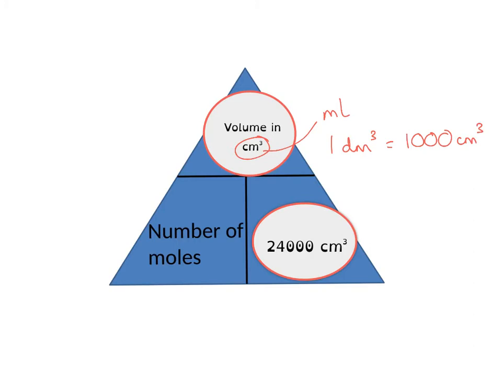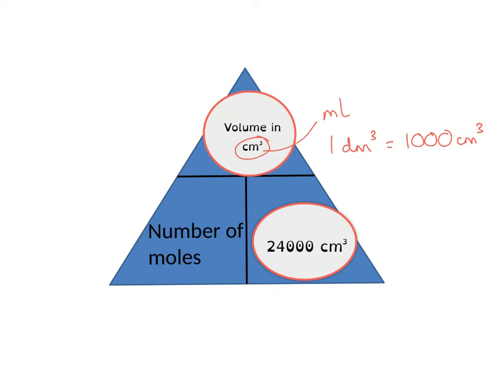So there are two ways I can approach the type of question where I'm given centimetre cubed. One thing I can do is divide my volume in centimetre cubed by 1000 to get decimetres cubed and divide by 24, which was the previous triangle.